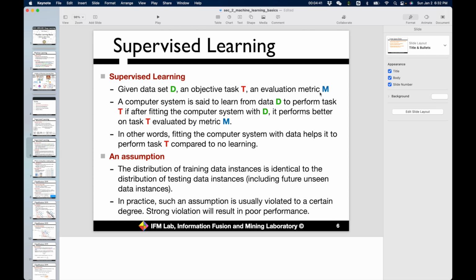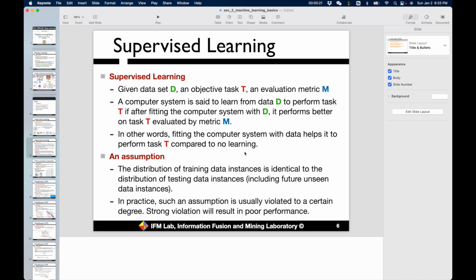We can say a computer system has learned from dataset D to perform a task T if after fitting the computer system with D, it performs better on task T as evaluated by the metric M. In other words, by fitting the computer system with data, it helps it perform task T compared with no learning. If so, then we can say the system has been learning from the data to perform the task. So it requires the task, the data set, as well as the evaluation metric.